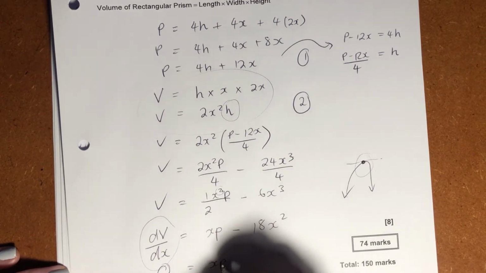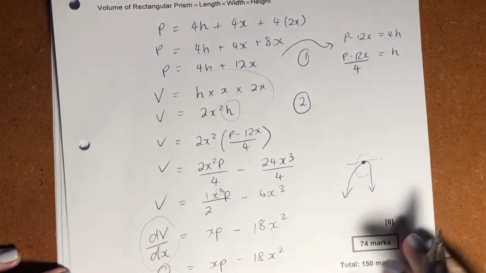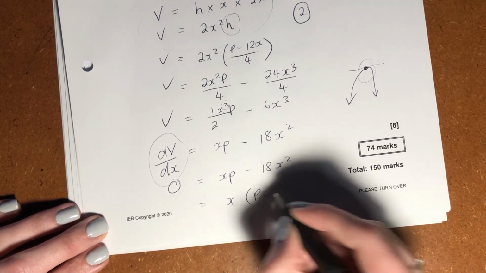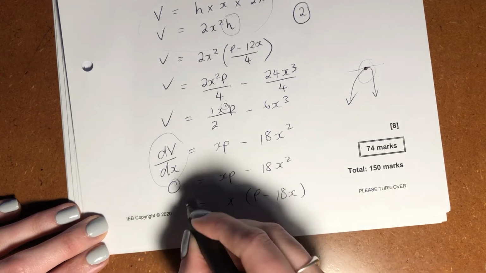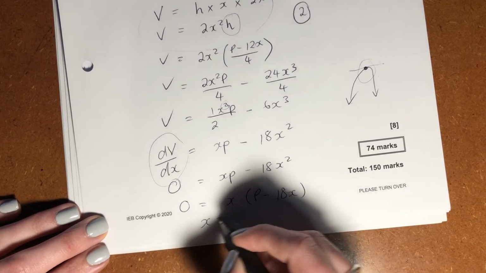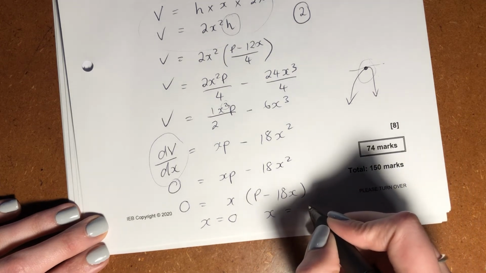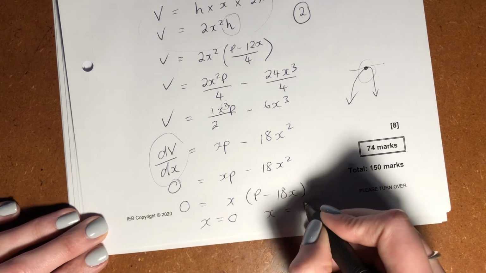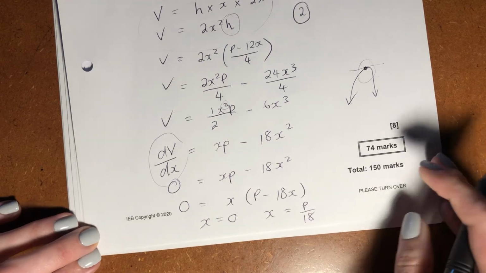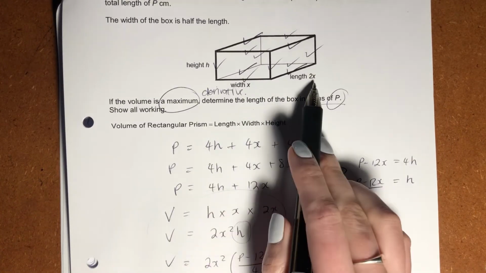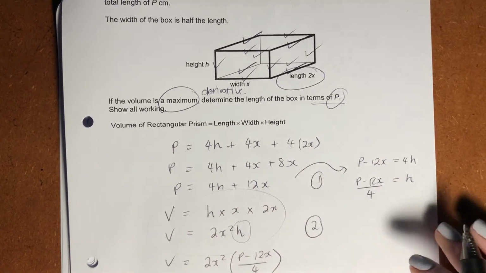So we have this, and we want to solve for x in terms of p. Factorize out an x, and then we can see x either equals 0 or x equals, let me get this right, p over 18, right? But it talks about length. Remember, length is 2x, not just x.